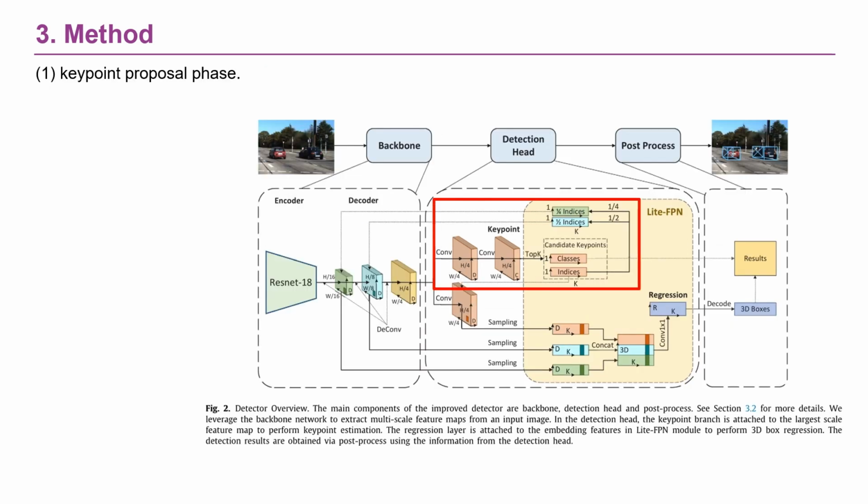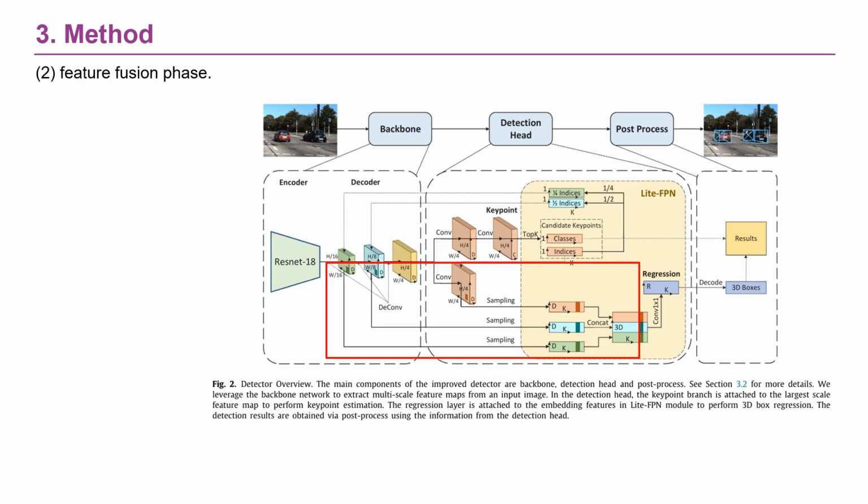In the first phase, candidate keypoints expressed as classes and pixel indices are obtained via a top K operation applied on the heat map. In the feature fusion phase, based on the proportionate relationship of the pixel indices on different feature maps, we can get the pixel indices of candidate keypoints on the other two feature maps, with 1/8 and 1/16 resolution of the input image, by multiplying the previous pixel indices with 1/2 and 1/4 respectively.